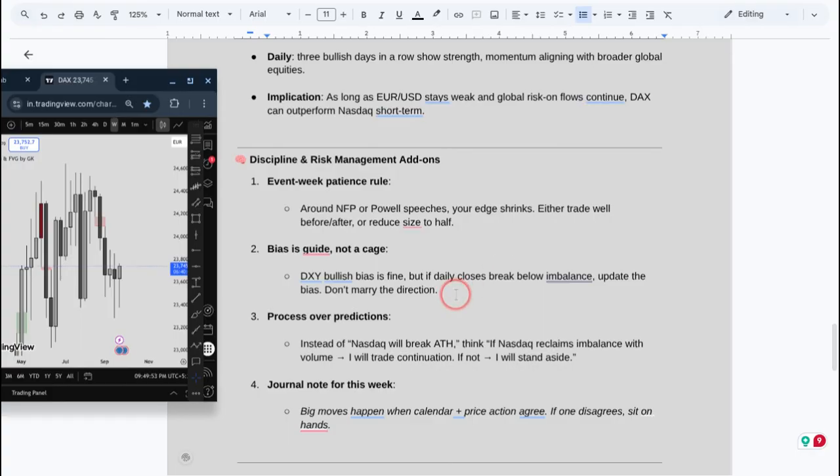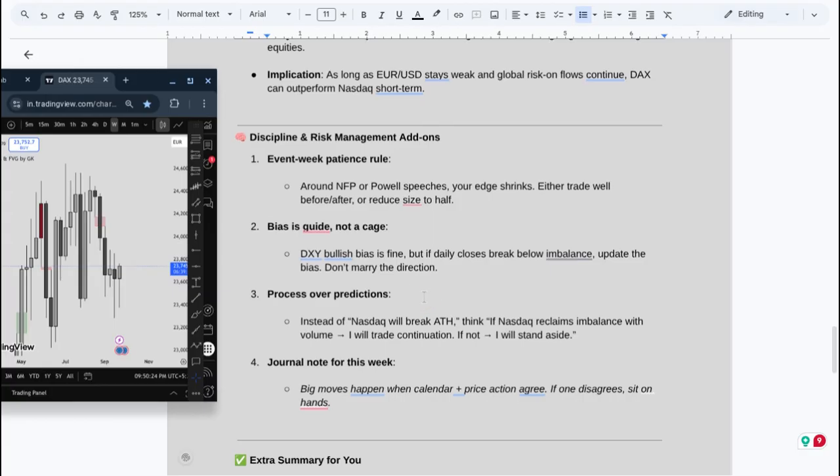Don't marry the direction, because sometimes we look at the daily candle or the weekly candle and we are very sure about it. But in the financial markets, it's always 50% probability. If the market showed bullishness in the previous week, but a daily candle on Monday or Tuesday shows a strong bearish move, then you have to respect what the present time frame is telling you, because that's what the market is all about.